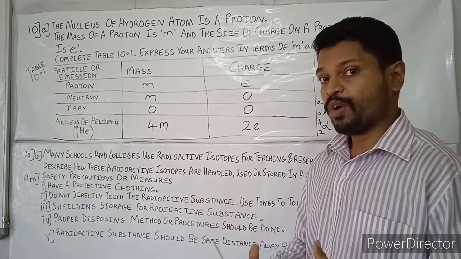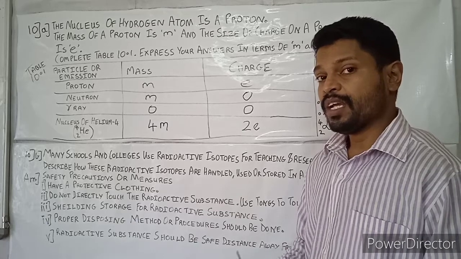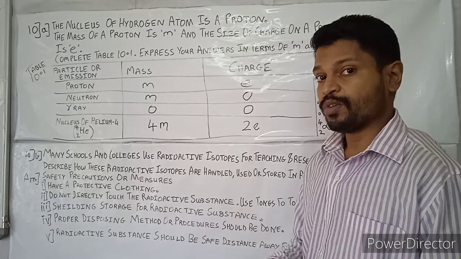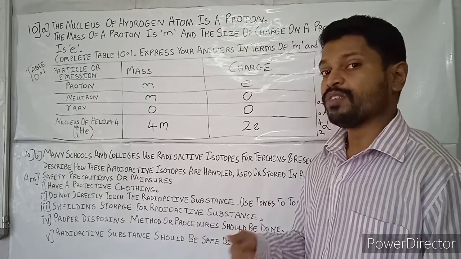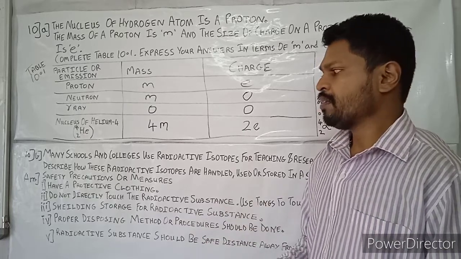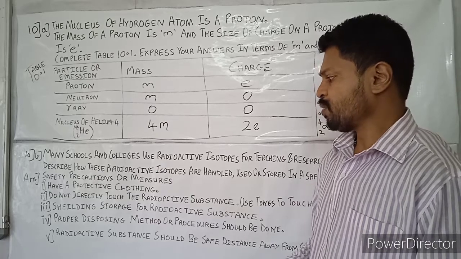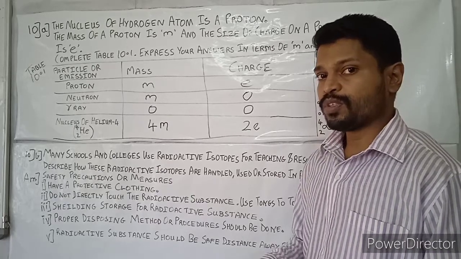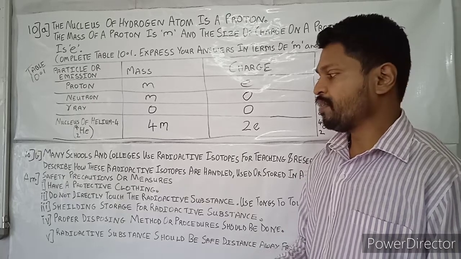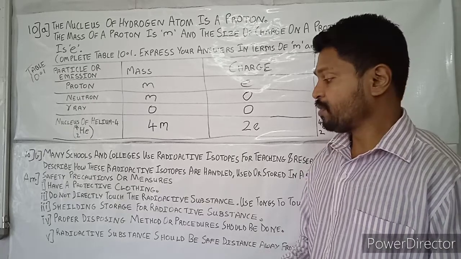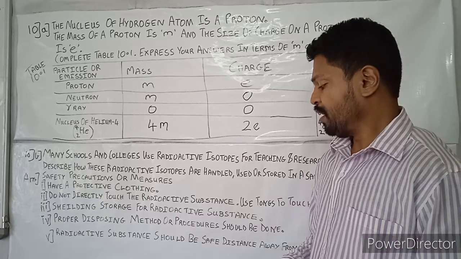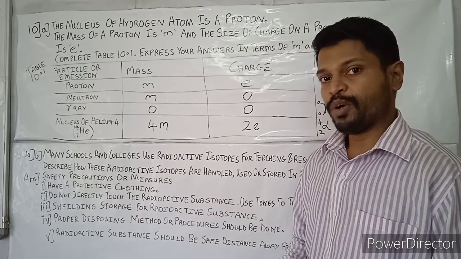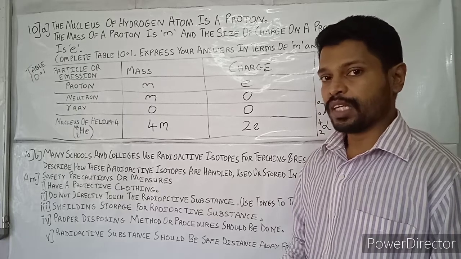That is why we always store radioactive substances in lead of 10 centimeters or more thickness, so that harmful rays don't pass outside. Fourth point, proper disposal procedures should be followed. Fifth point, radioactive substances should be kept at a safe distance away from the students. These are the 5 points; you have to write any 3.